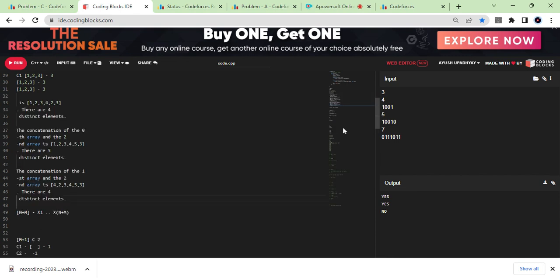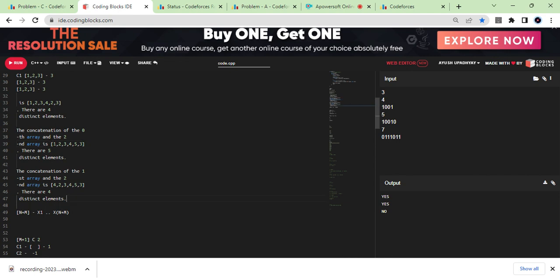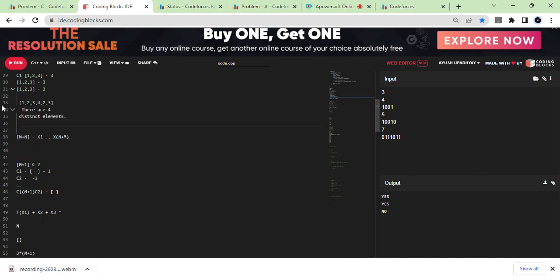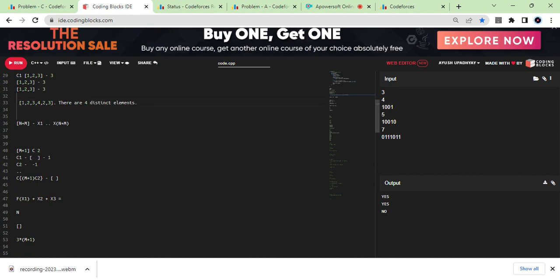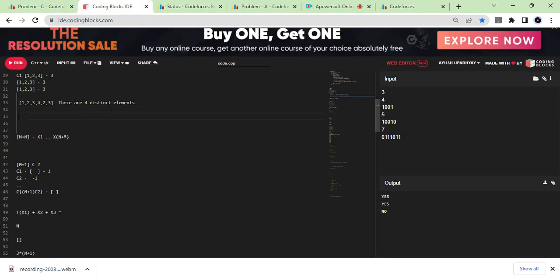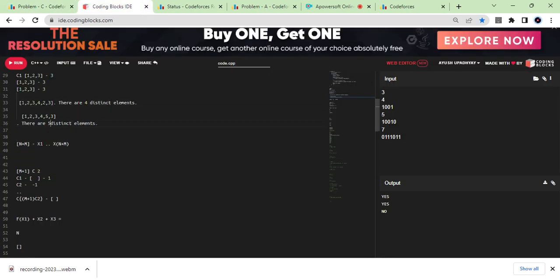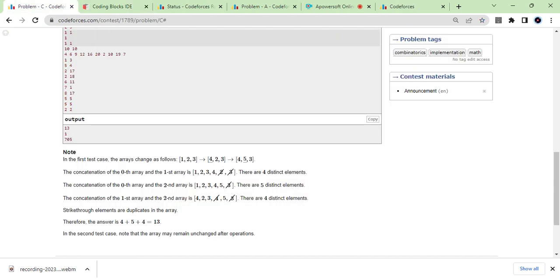I just want to show you these parts. So let me just paste it like that. First part is this array. Second part is this. The next part is this. This contains four elements only, right?